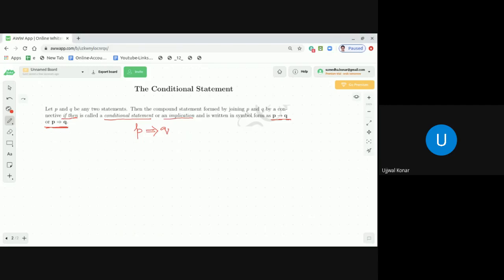So here P is known as hypothesis, or antecedent, and Q is known as the conclusion, or consequent.